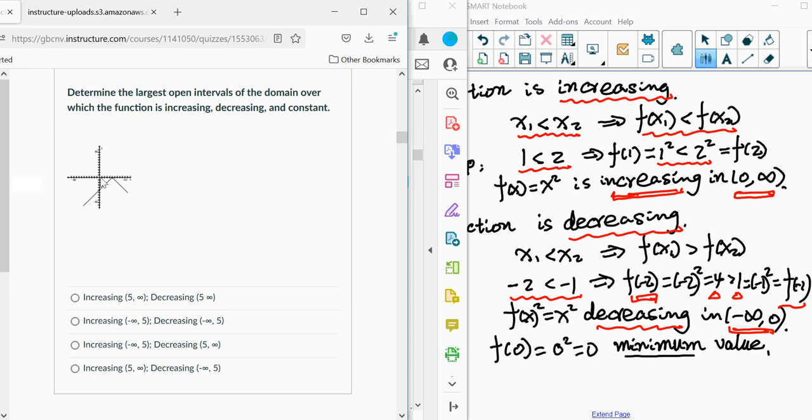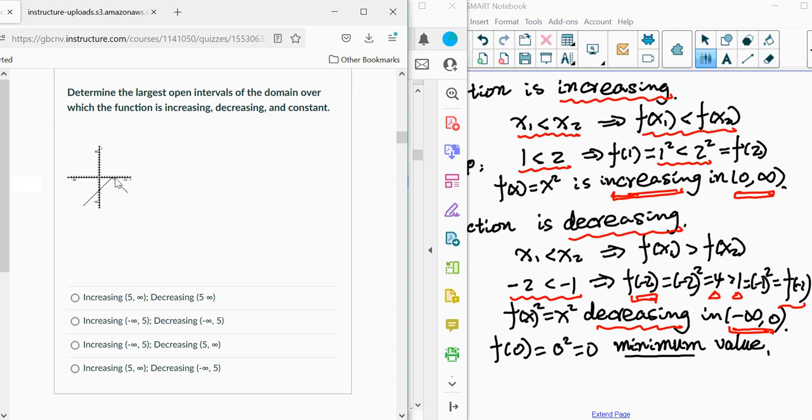from the left to the right. You can see when x chooses the value here, this number is very low, very negative. When x reaches this point, the value goes high. So from the left to the right, x value is increasing, and you see the points goes higher and higher.